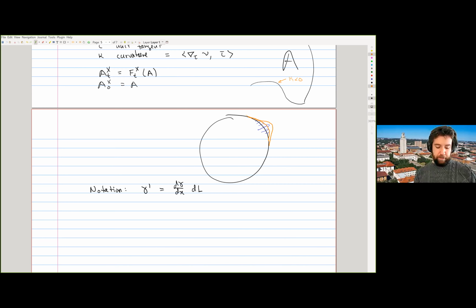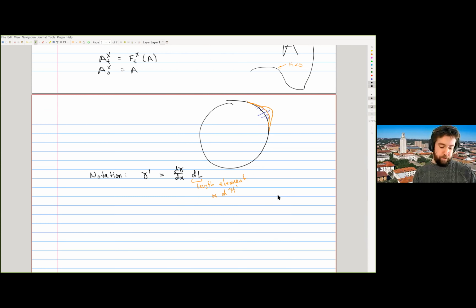It's the length element, or if you prefer, one-dimensional Hausdorff measure. It's a length element along the curve weighted with respect to the Gaussian measure.